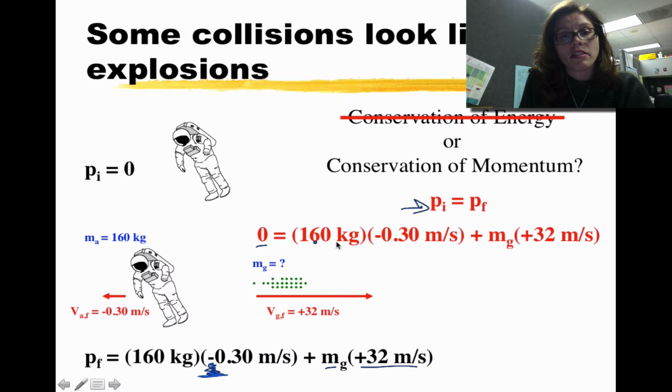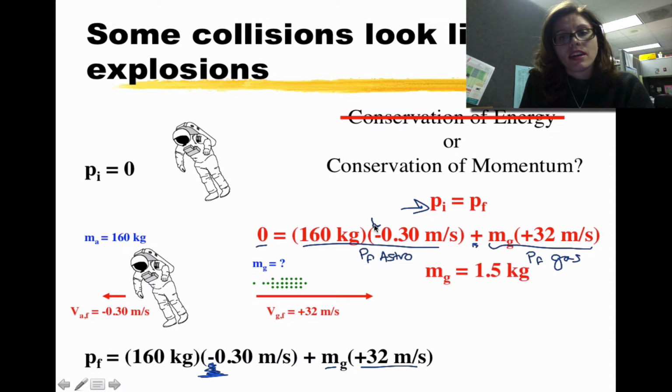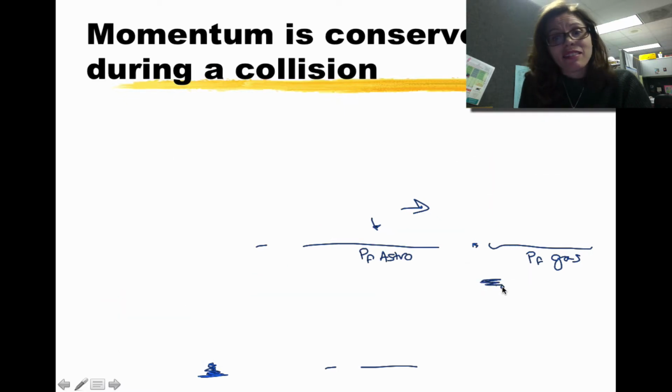P initial is 0, and P final is P final of the astronaut plus P final of the gas. And again, this negative tells us direction, and this is very, very important. So you solve for the mass of the gas, and you get 1.5 kilograms. That's a lot of gas.